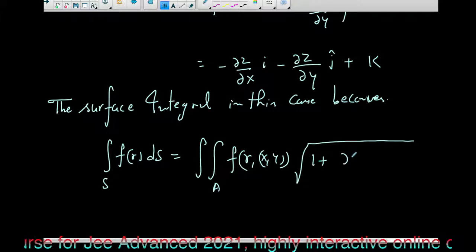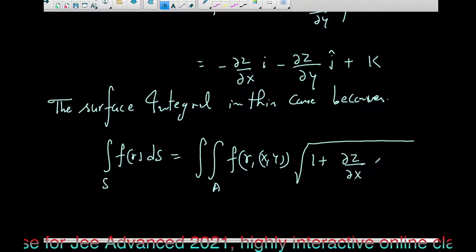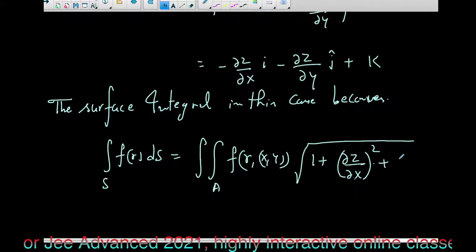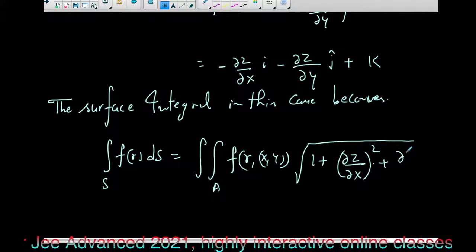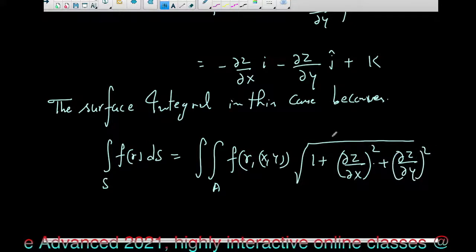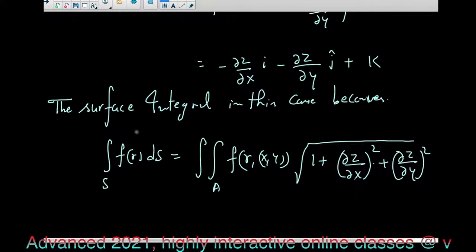So for 1, and here that is del z by del x whole square, and plus del z by del y whole square, right?